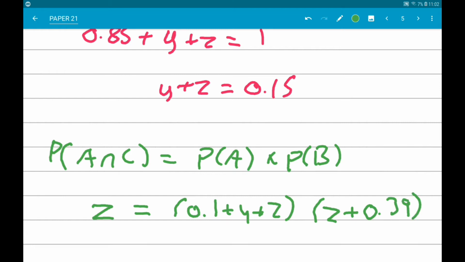Okay, now inside the first bracket, we know that y add z is 0.15.